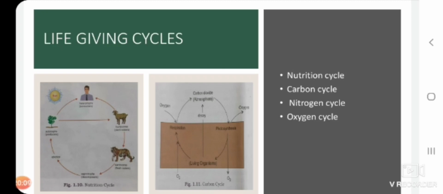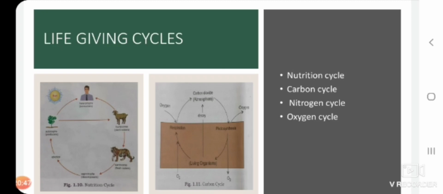One more important life-giving cycle is the carbon cycle. Carbon is the basic raw material of all life. All living things contain carbon. Atmospheric carbon dioxide is used by plants in the presence of sunlight and chlorophyll to make their own food by the process of photosynthesis. During this process, CO2 is fixed as starch by the plants. From the plants, carbon moves along the food chain through consumers at different levels.